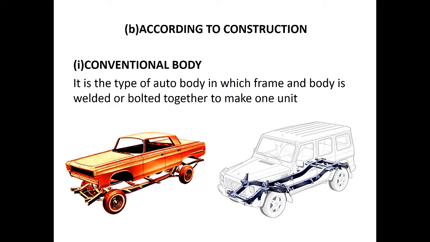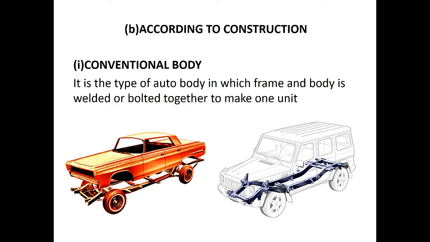As per the construction of the automobile, the frame of the automobile can be the conventional body construction. It is the type of autobody in which frame and body are welded or bolted together to make one unit.